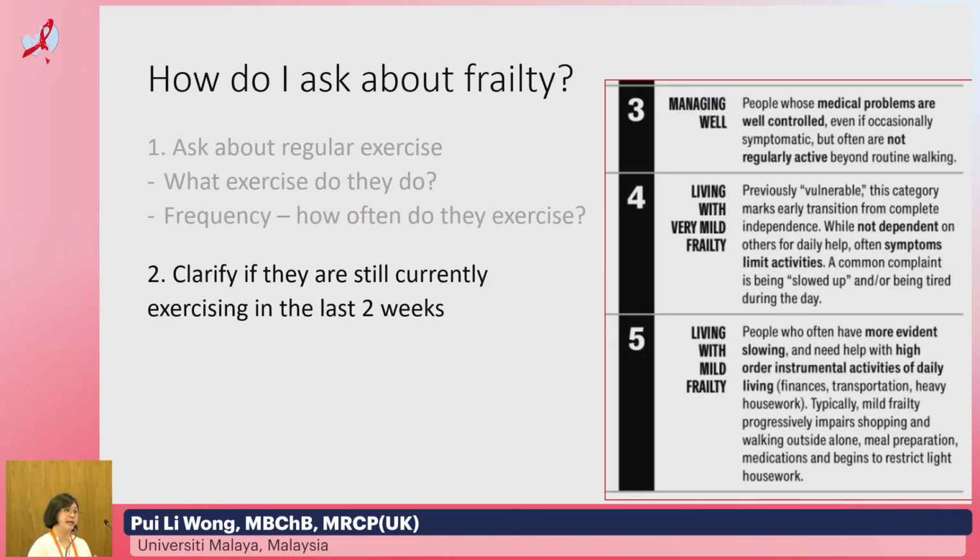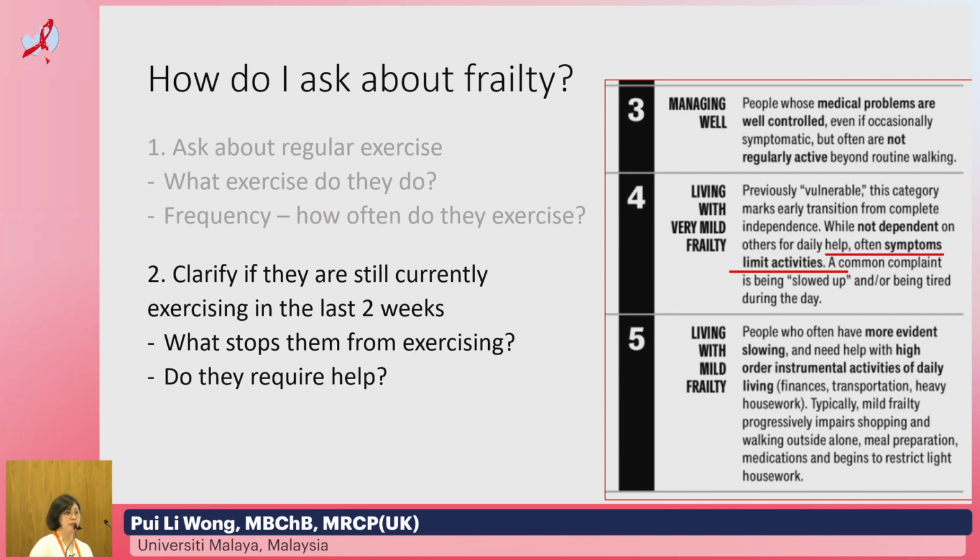And so the second thing that we can ask, apart from exercise, is whether they're still exercising in the last 2 weeks, because the clinical frailty scale really looks at the previous 2 weeks. And we want to ask, if they don't exercise anymore, what stops them from exercising? And when you ask about what stops them from exercising, if it's their symptoms, we're starting to look at a 4, so very mild frailty.